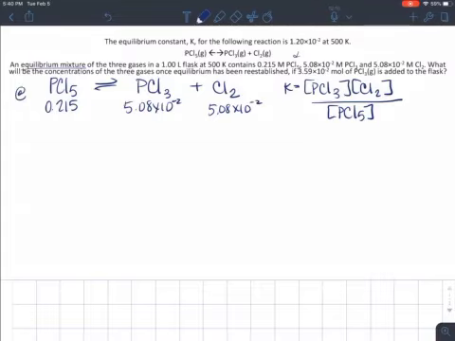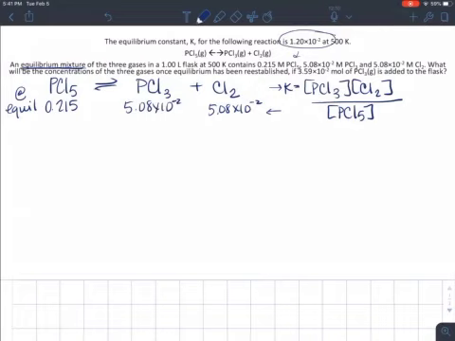Now this is at equilibrium the first time. I know that because it says equilibrium mixture. If you wanted to double check that it was at equilibrium, plug this line of numbers into this K expression, and you should get the value given to you in the problem.